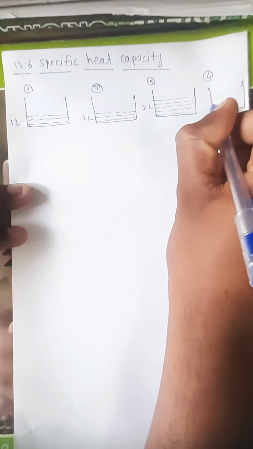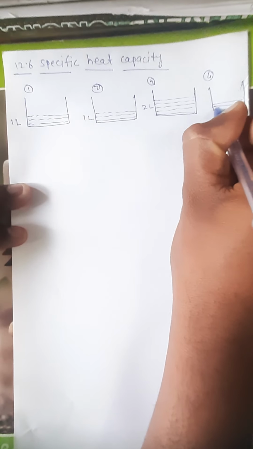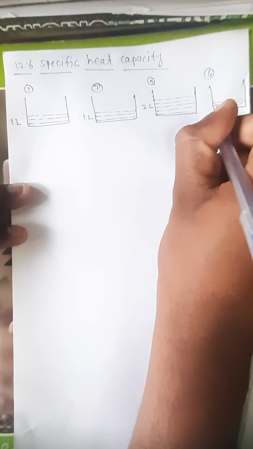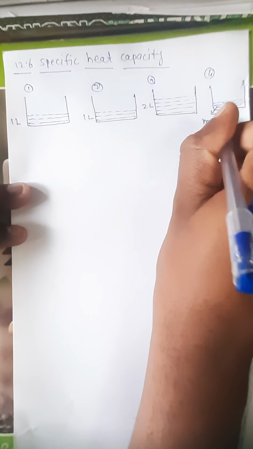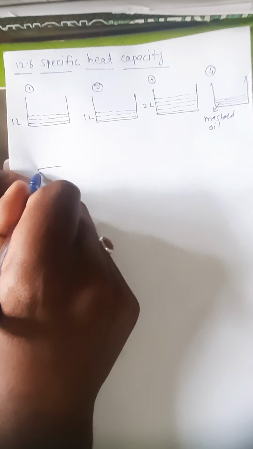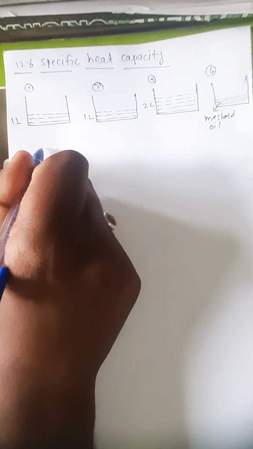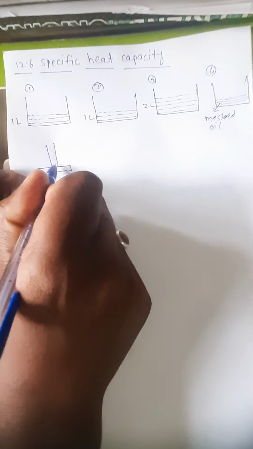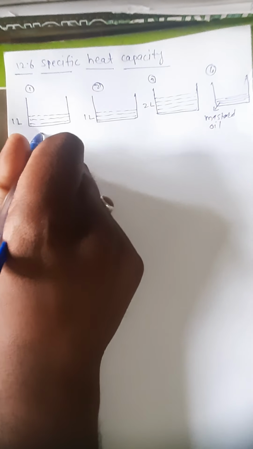In vessel 4 we take 1 liter of not water, we take mustard oil.